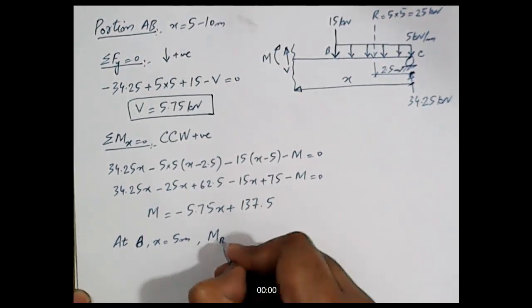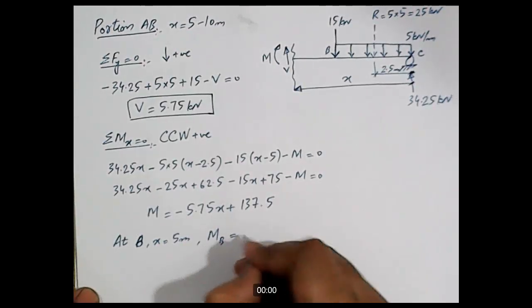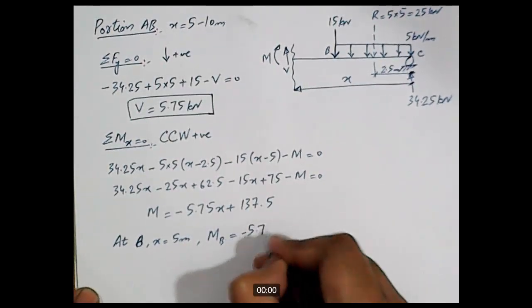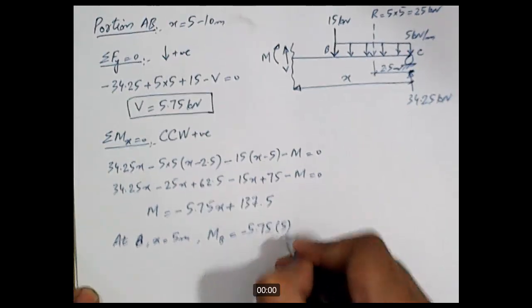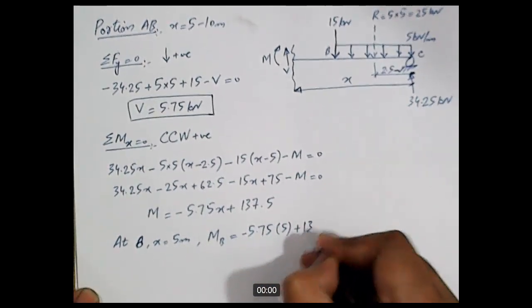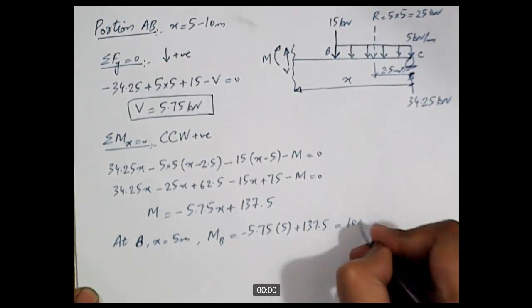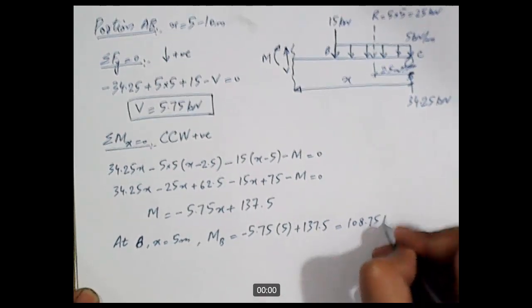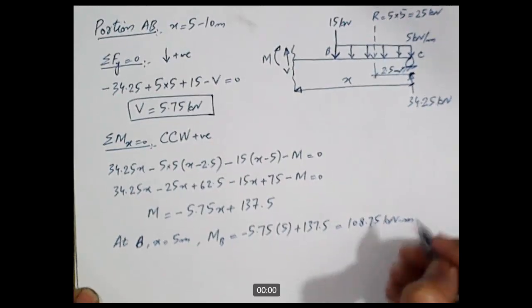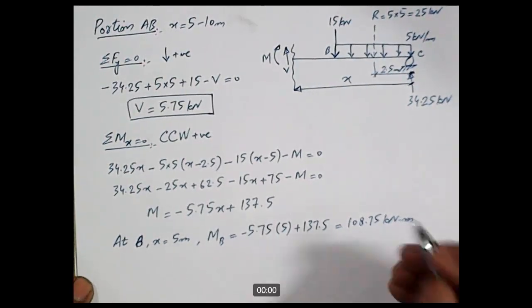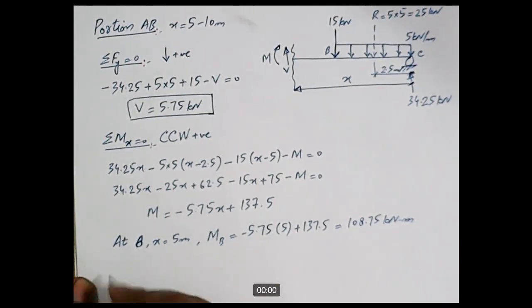So MB, if we plug in these values here, minus 5.75 into 5 plus 137.5, it comes out to be 108.75 kilonewton meter, and this is exactly the same value of MB that we got from portion BC.